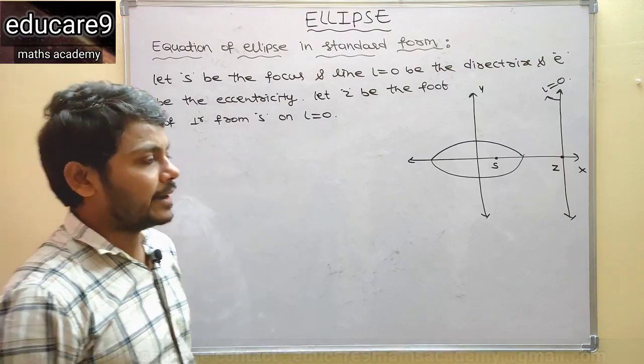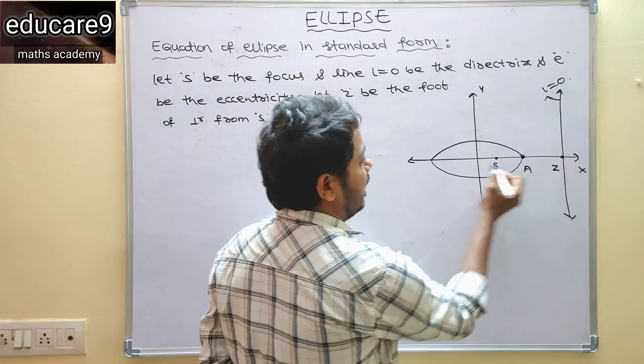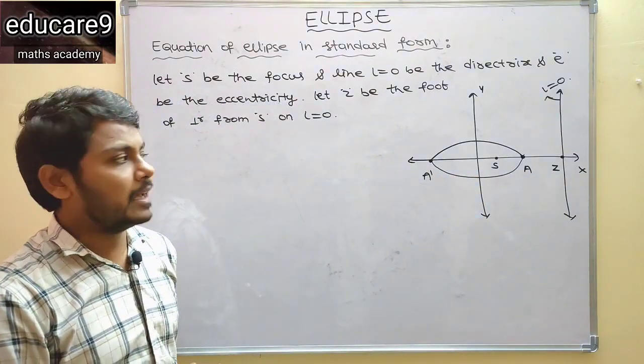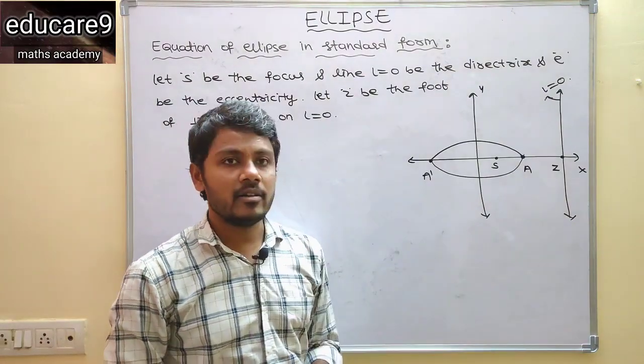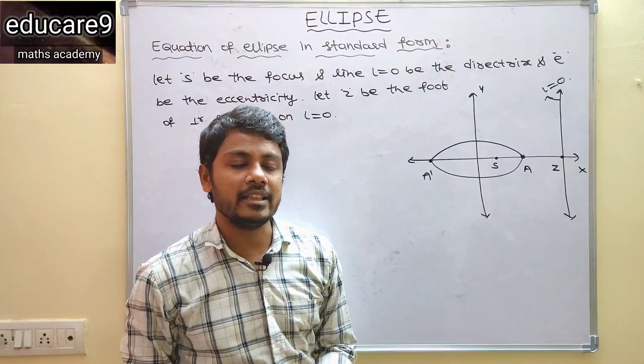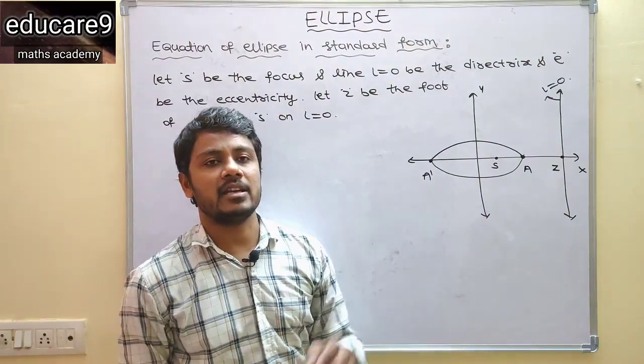Next, see here the points A and A dash. The points A and A dash divide SZ in the ratio e is to 1 internally and externally.